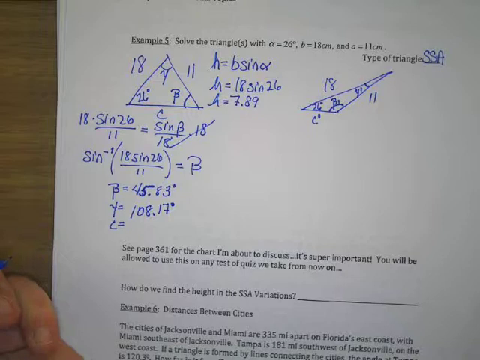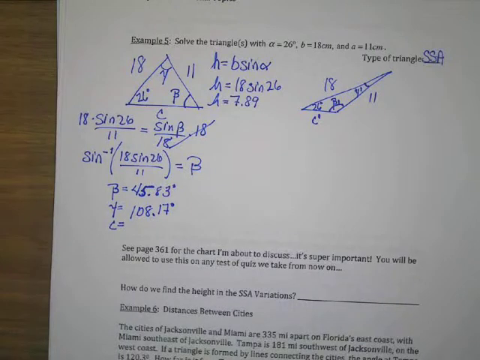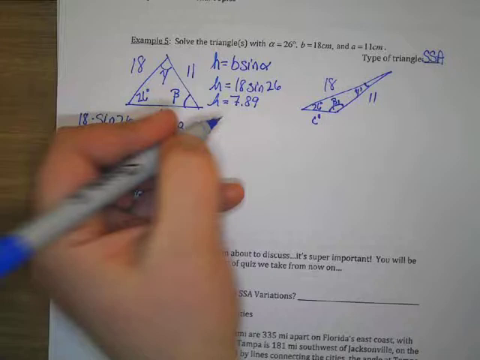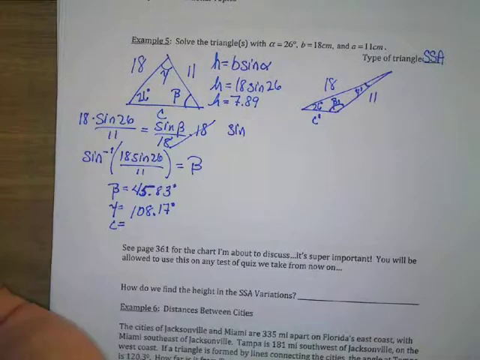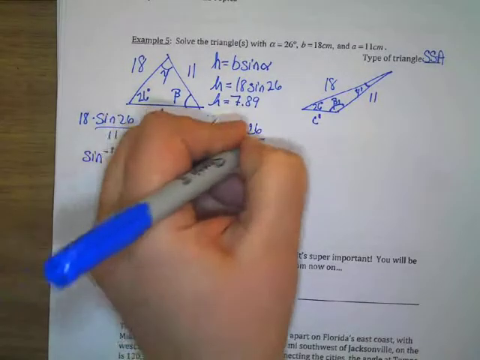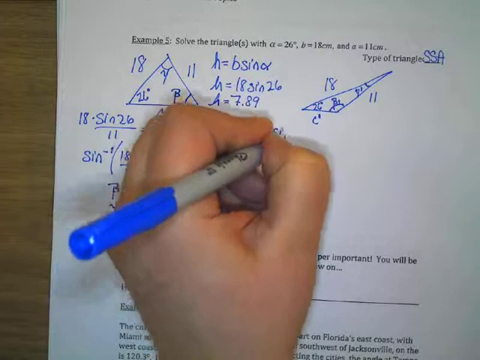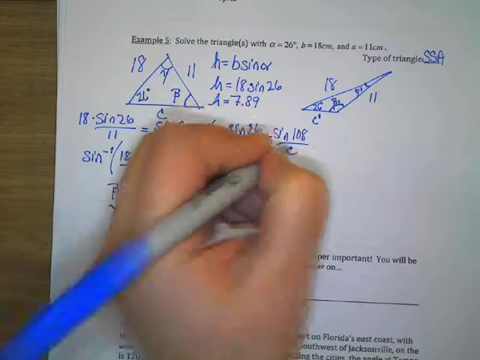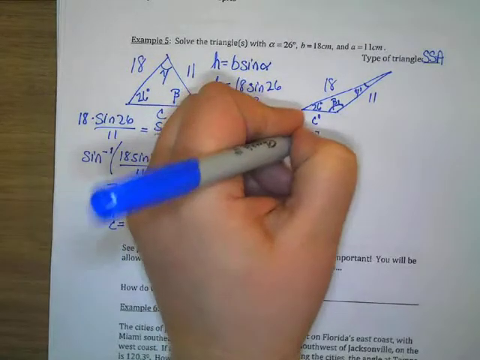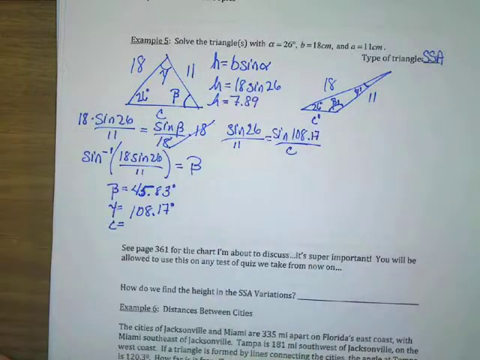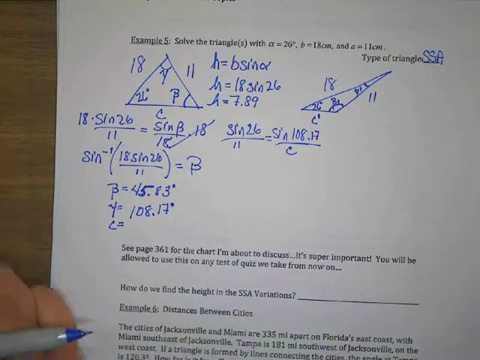And the last thing we need to find for this triangle is C. And so just use law of sines again. So the sine of 26 over 11 equals the sine of 108 over, we don't know, 108.17. Bo's favorite thing, cross multiply divide.